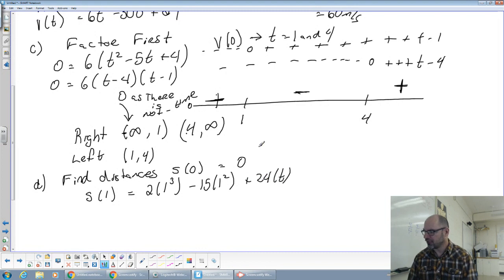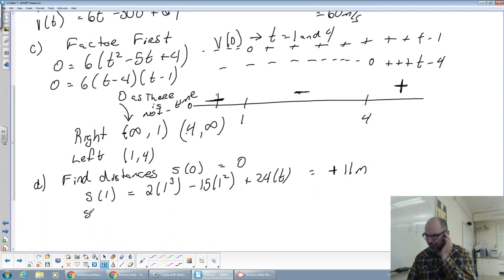So this gives us the distance that it's traveled here. Add those all together. 2 minus 15, that's negative 13, plus 24. That'd be 11 meters.